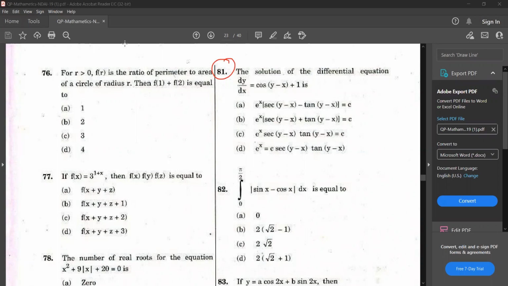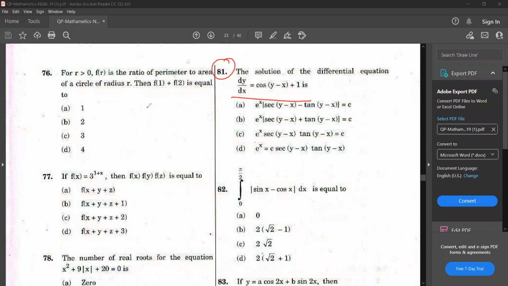Have you got the answer? What answer are you getting? Have you got option A as the correct answer? Option A. How did you do this? We have to find the solution of this differential equation, isn't it?